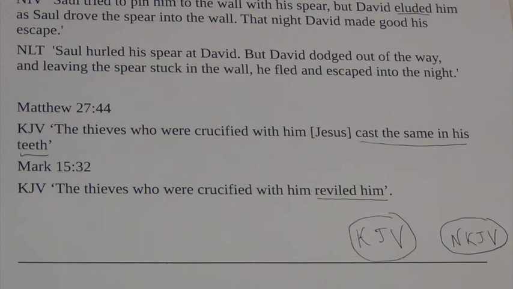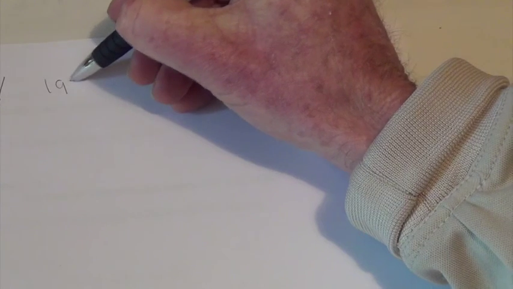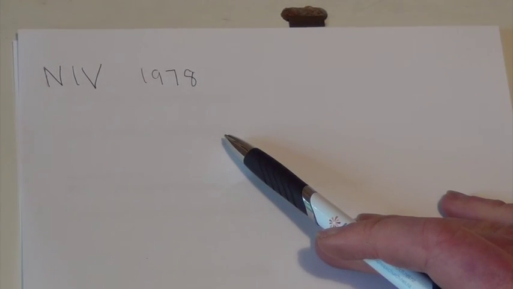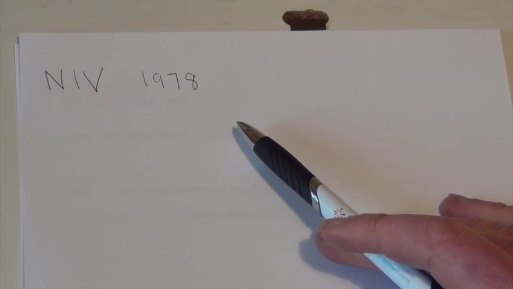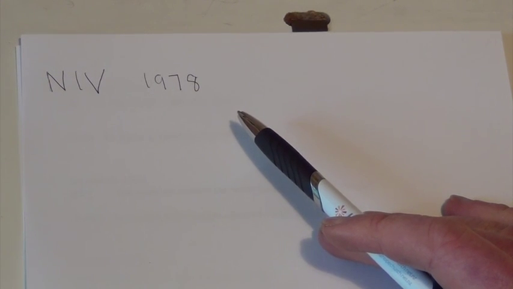Now, I also want to say that new translations have always had a hard time being accepted. Even the King James Bible took a while to become accepted. It's interesting to look at the reception of more recent translations. The NIV first came out in 1978, and unusually among translations it did get a pretty good reception right from the start.